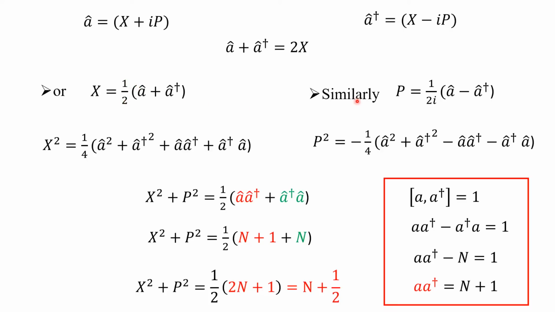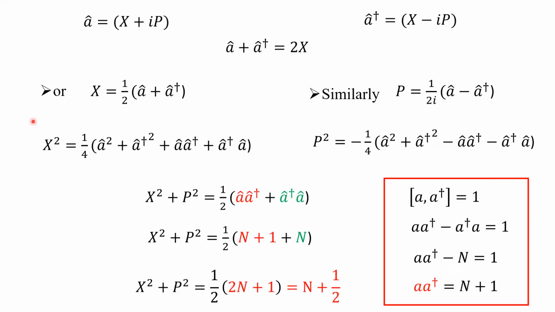In a similar way, after subtracting A minus A dagger, you will get P is equal to 1 over 2i times A minus A dagger. So now you have the values for capital X and capital P.